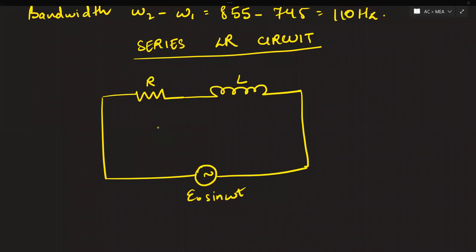What's the phase difference between EMF and I in a circuit having only a resistor? Khalid? Same phase. Same phase, exactly. Both are in the same phase. We have done it so many times.